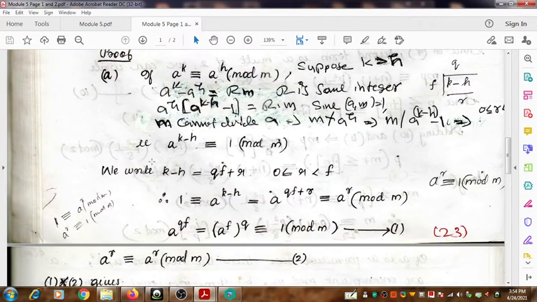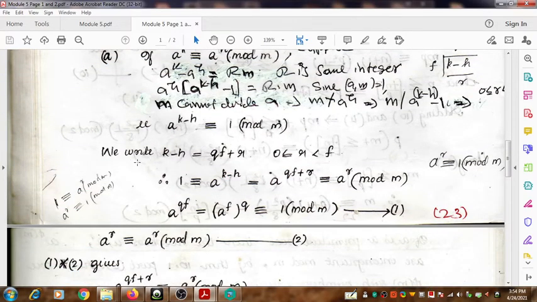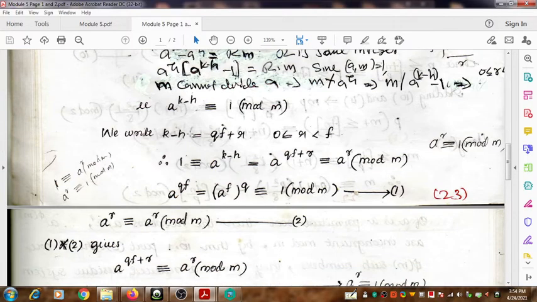When k minus h is greater than f, you think about dividing that quantity, because f is less than k minus h. So you can think about dividing k minus h by f.